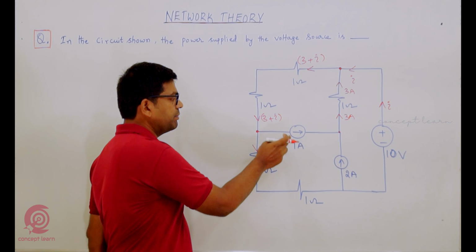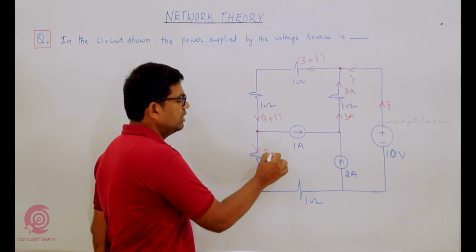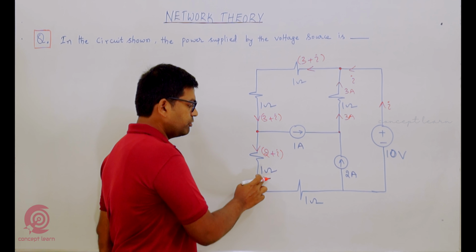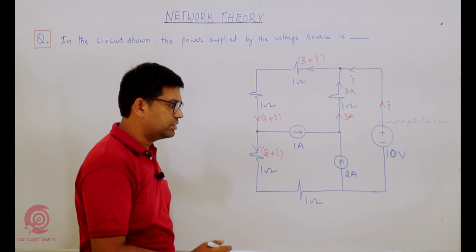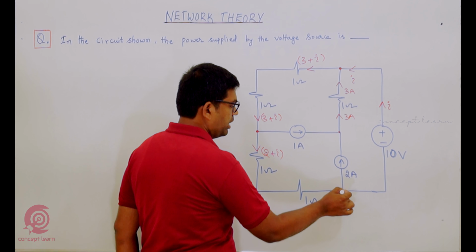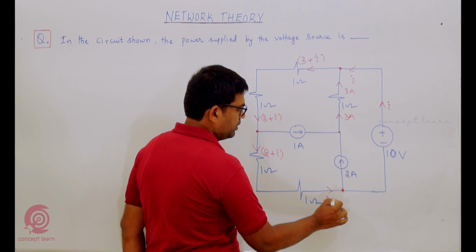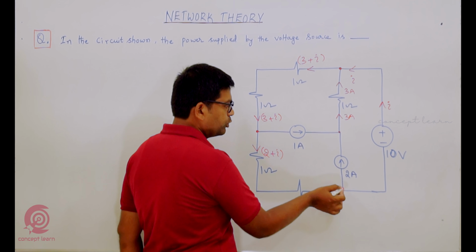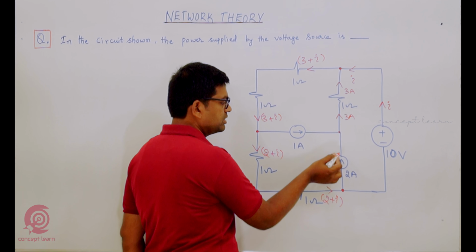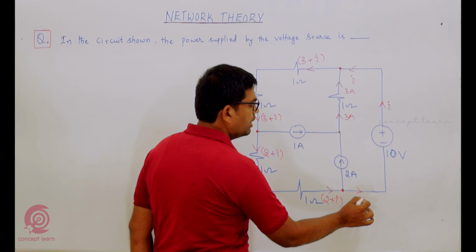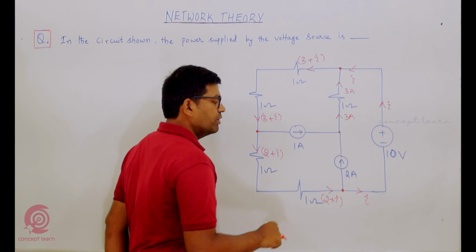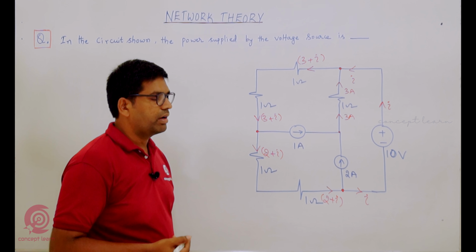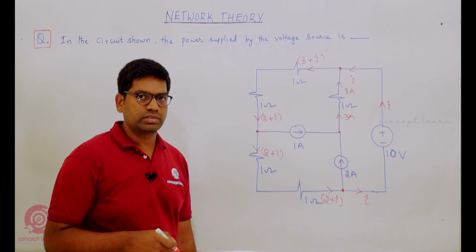It must be 3 plus I minus 1, which gives 2 plus I. So 2 plus I is flowing through both 1 ohm resistances and it is entering at this node. 2 plus I is entering and 2 amperes is flowing through this branch, so the current here must be I. So when we are able to find I, then only we can find the power supplied by the 10 volt source.